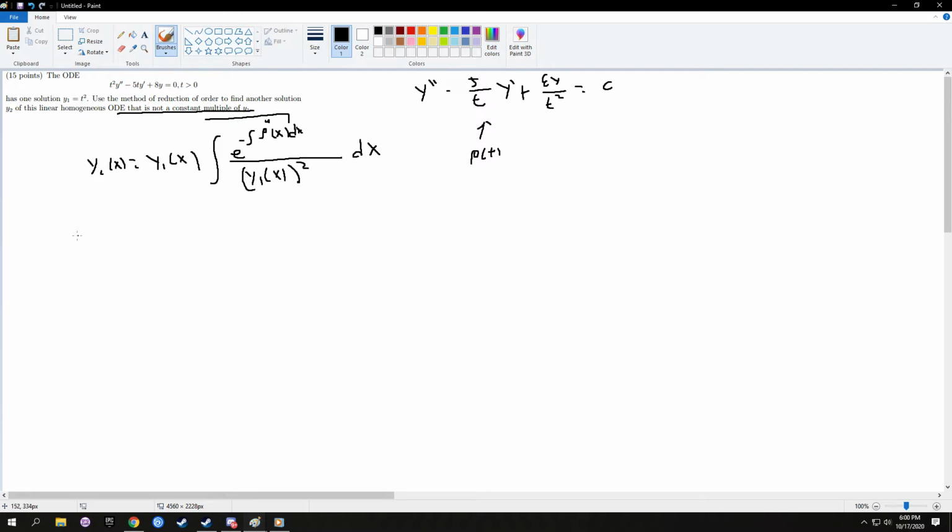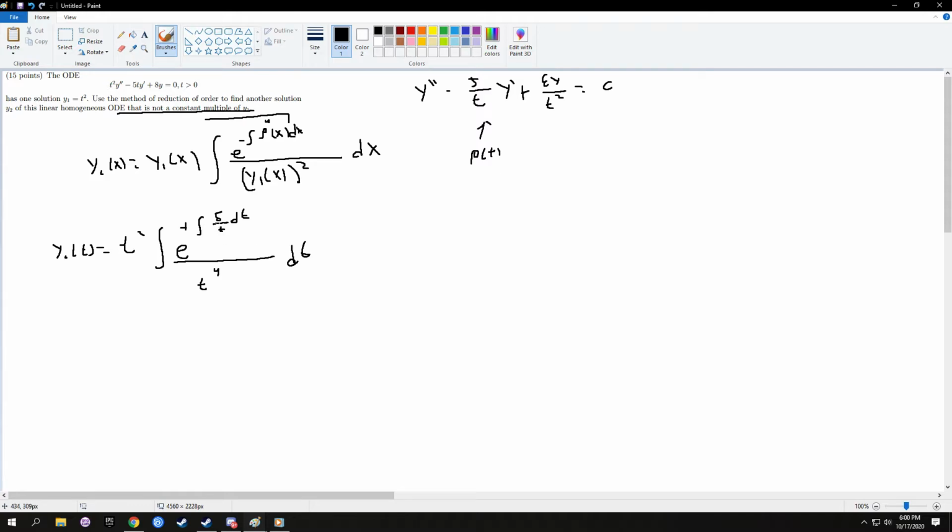So now I'm going to start plugging stuff in. So y2 of t equals y1, which is t squared, times the integral of e to the negative integral, so this is a negative out here, so it becomes positive, the integral of 5/t dt, all divided by t to the fourth, because it's y1 squared, dt.